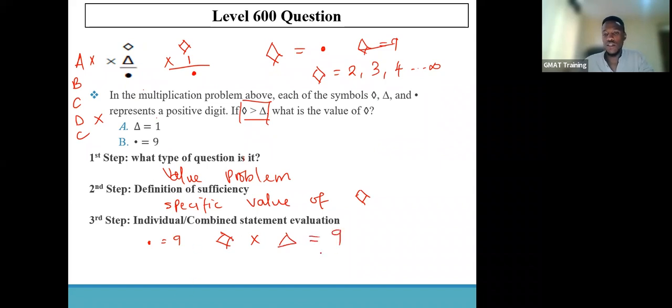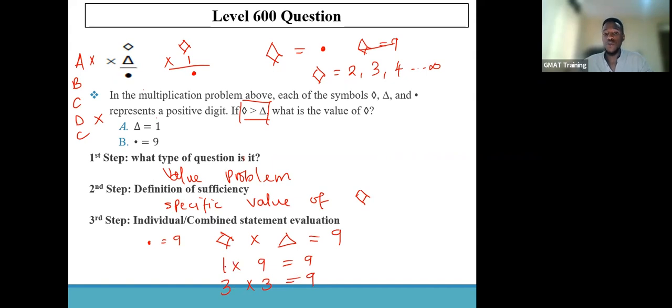With this multiplication, we can try to evaluate which values, when multiplied, would give us 9. There are only two combinations. One would be 1 multiplied by 9, and the other would be 3 multiplied by 3. These are the two combinations of digits that give a product of 9.